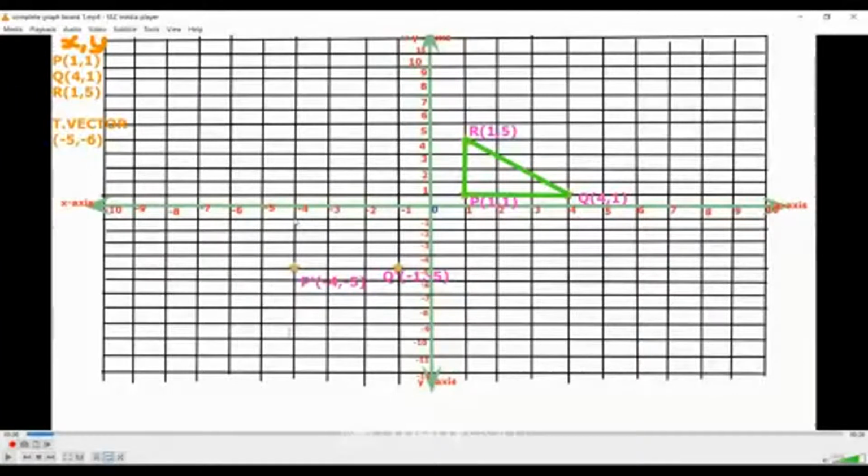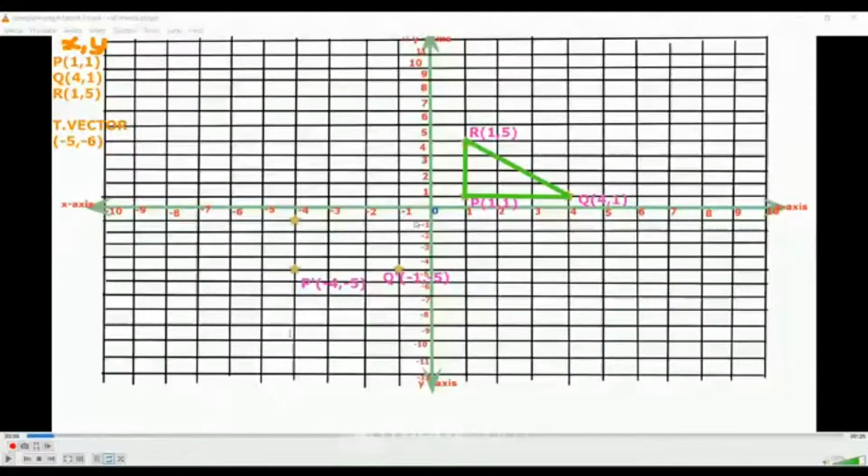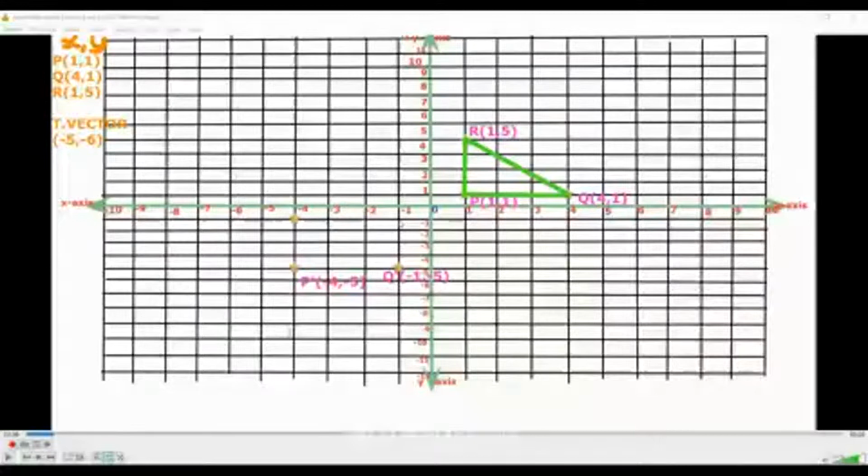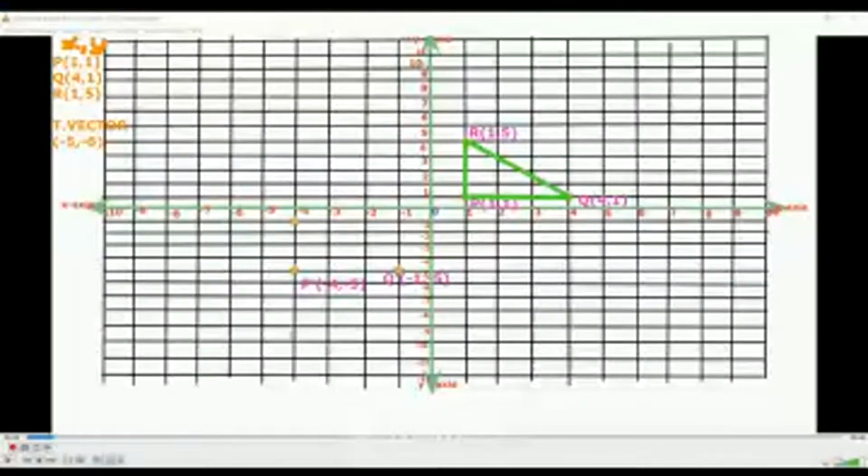Now you plot it here. Okay. Now what is 5 left, 6 down? Now that will be -4 and 1. Okay, so write the coordinate or the image for that.